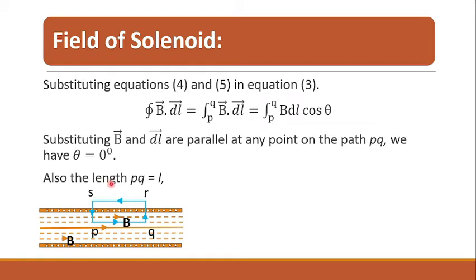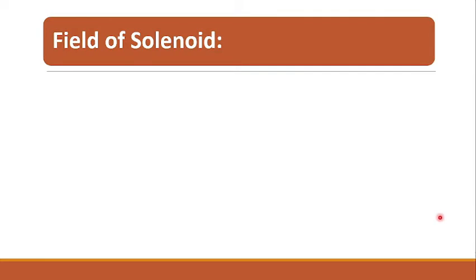Also the length of PQ is equal to L, and therefore the closed integral of B vector dot dl vector is equal to the integral of B dl cos 0, which is equal to the integral of B dl, which is equal to BL, and thus we get BL is equal to mu 0 I, right?